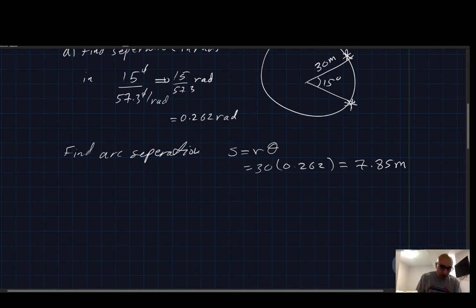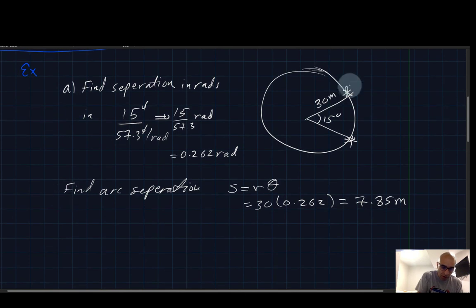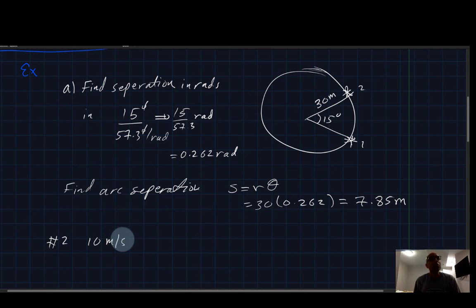Now, if car number 2 is traveling, so let's say this is car number 2, this is car number 1. Now, car number 2 is traveling at 10 meters per second. Okay. How much time would it take car number 2 to complete a circle?